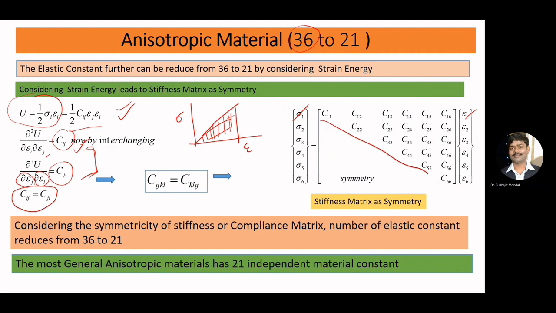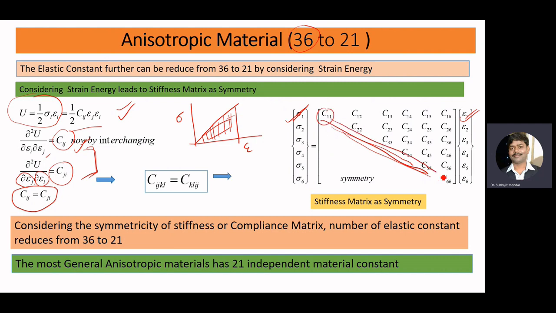Now, if we consider the strain energy principle and the derivative with respect to the strain component, we observe that the stiffness matrix has to be symmetric. If you have an anisotropic material where the stress tensor is symmetric, the strain tensor is also symmetric, and the stiffness matrix is also symmetric, then the number of elastic constants is 21.